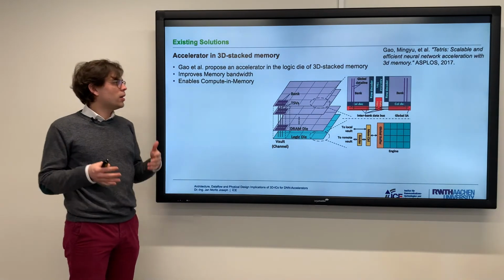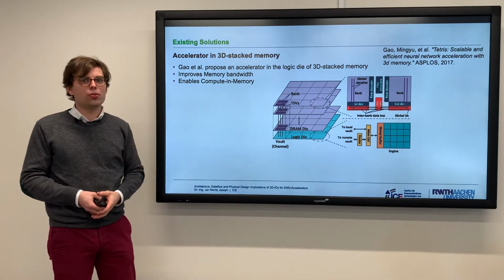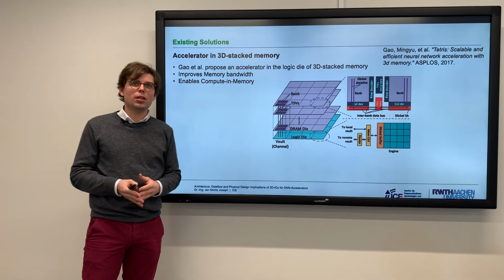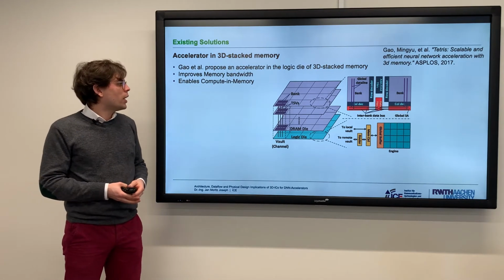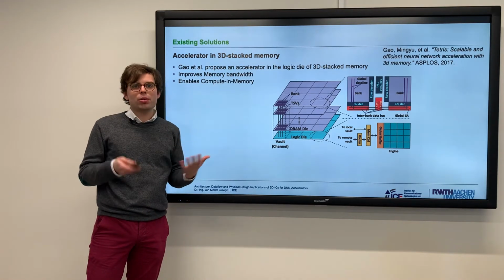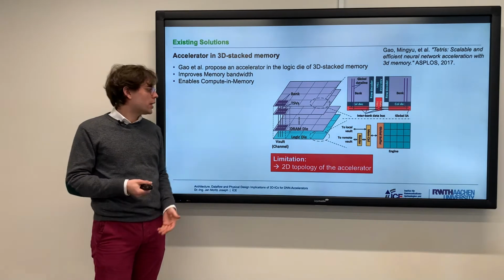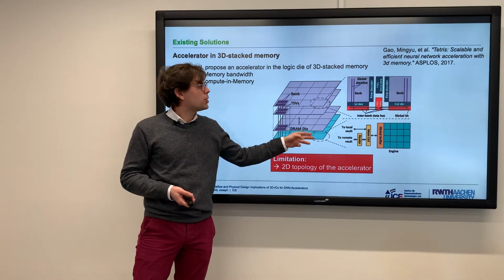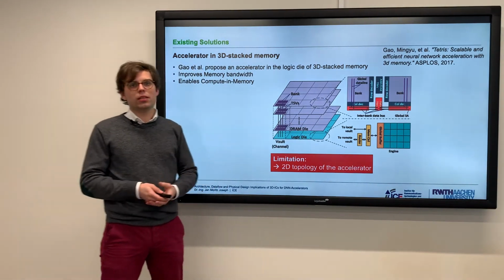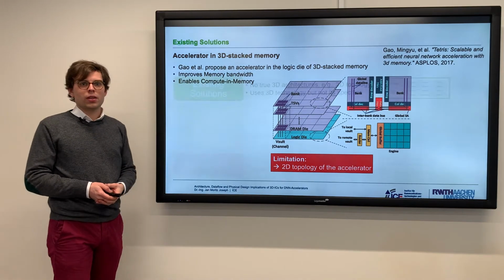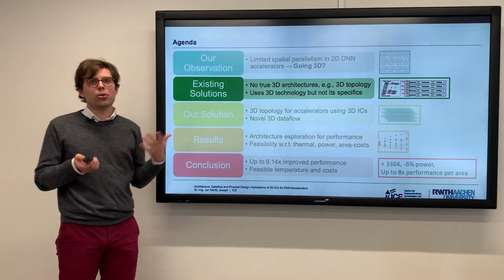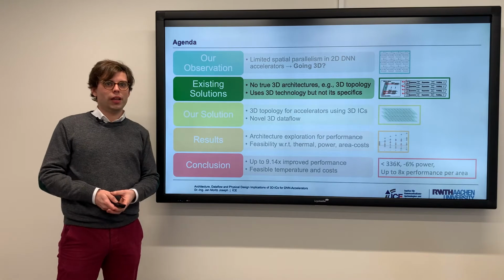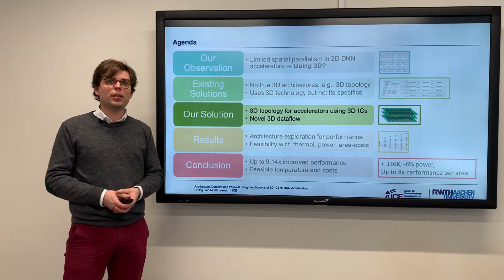And finally, a lot of works, this is just one example, focus on using in-memory computing for 3D stacked memory. Again, these are, in our opinion, not true 3D architectures because the logic die in which the accelerator is implemented is still 2D. So this is why we argue that there are no true 3D approaches to DNN accelerators, and we want to go 3D in this work.